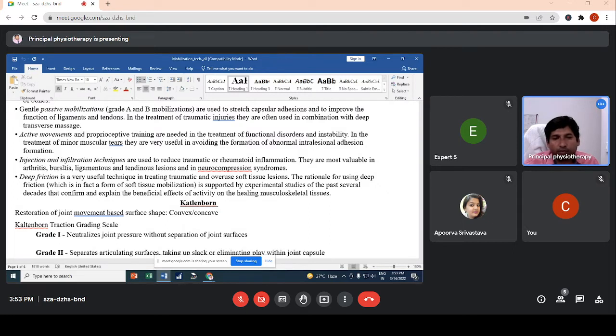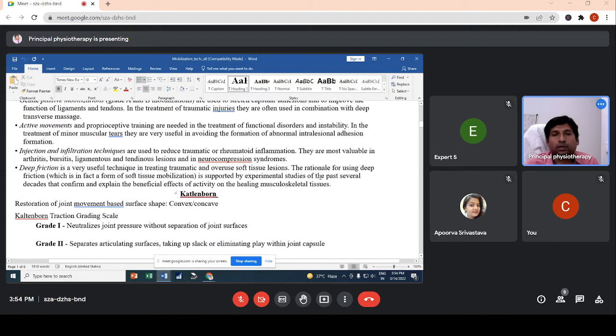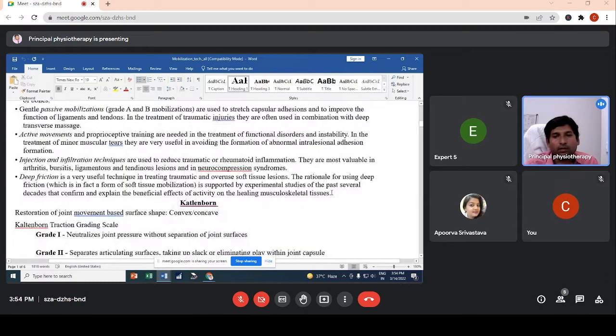Actually, when we provide deep friction massage, it basically breaks the adhesions, increases the conditioning of the deconditioned soft tissue structures, and also improves the circulation, and after that the soft tissue becomes more elastic and conditioning is improved. So this is very brief about the Syriacs technique.